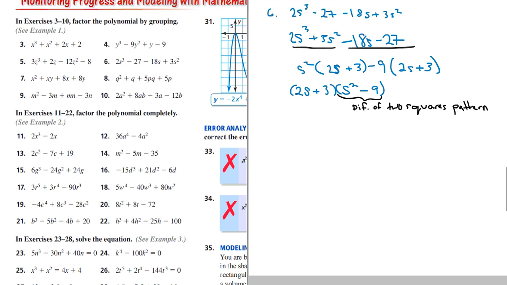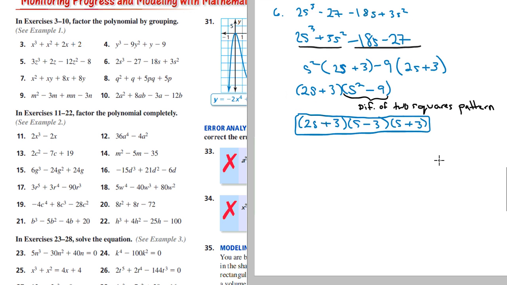So we do have to keep factoring. We're going to factor s squared minus 9 into s minus 3 times the quantity s plus 3. And now we are factored completely, and this is the factored form.